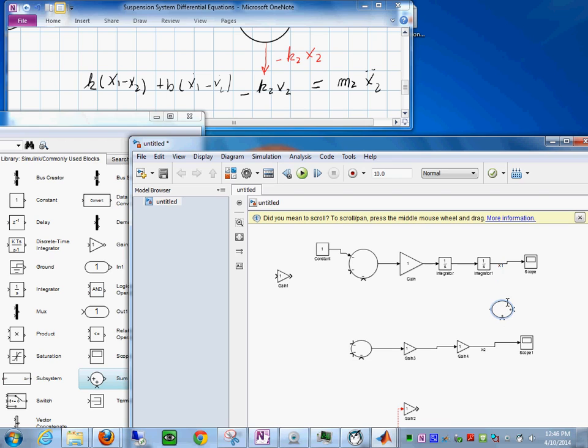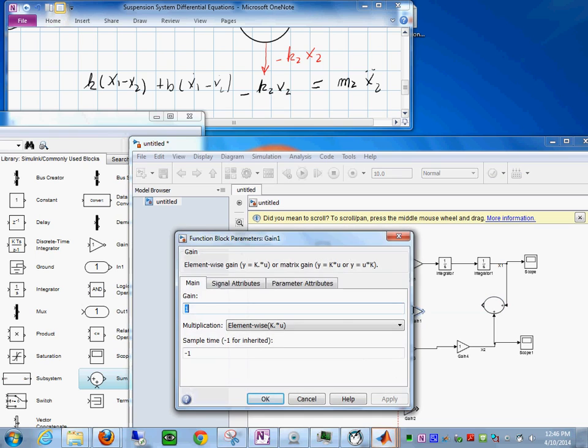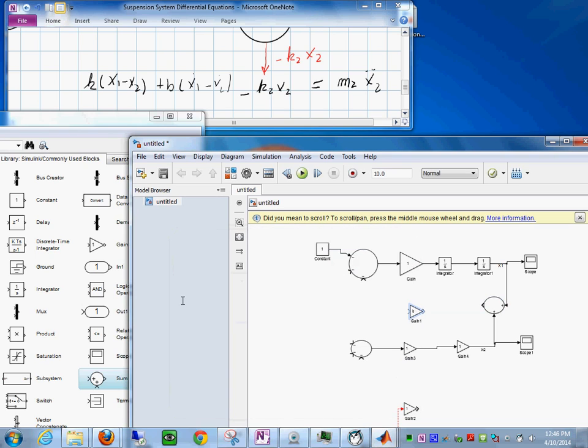All right. And then we need to put the value of k in here. Now that we have the difference between those two, we can make the connections.